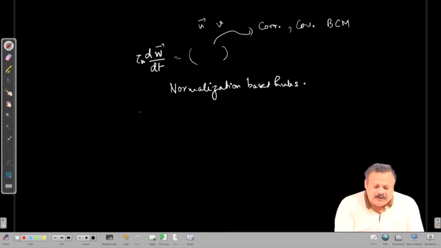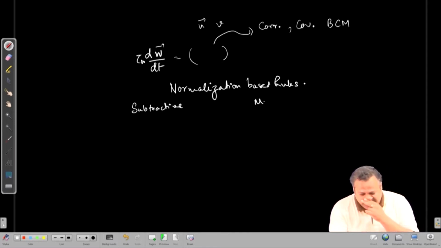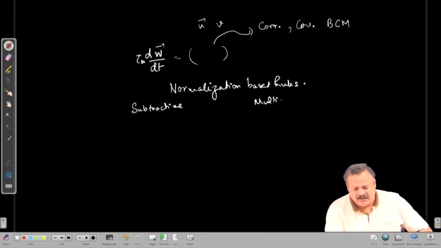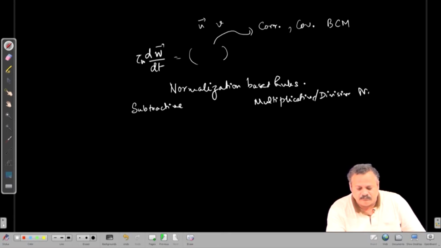And so, we have two kinds of normalization based models. One is the subtractive normalization, and the other is multiplicative, or in fact it is actually divisive, multiplicative or divisive normalization. And this is also called Oja's rule.